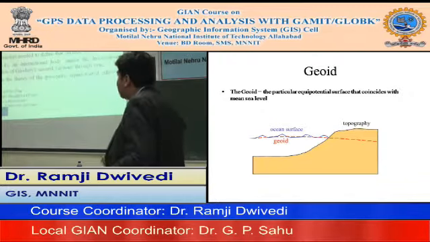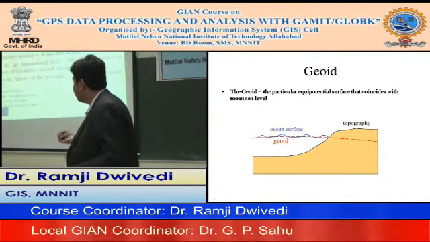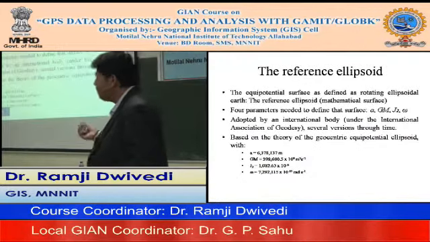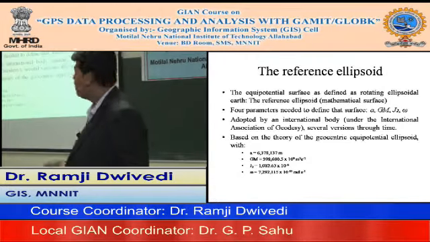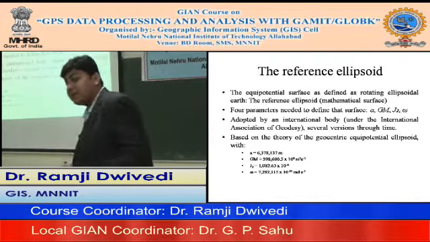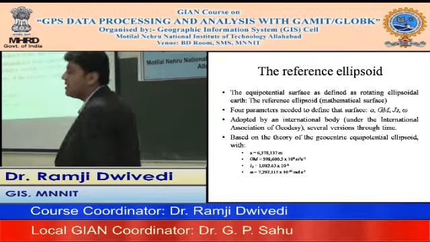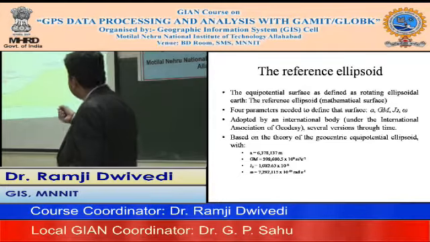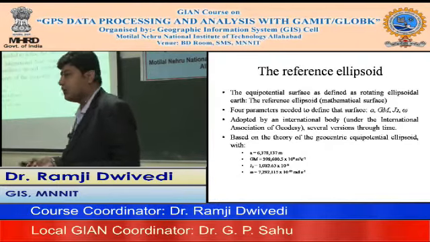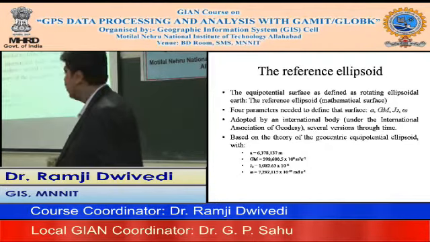Similarly, the reference ellipsoid can be identified by these parameters: major axis, GM, which we call the gravitation constant, the J2 oblateness, and the rotation axis. With these four mathematical parameters, this reference ellipsoid, which is a mathematical surface, can be assumed. Then this is the geoid and this is the ellipsoid. These are the two datums through which people are interested in finding their height.